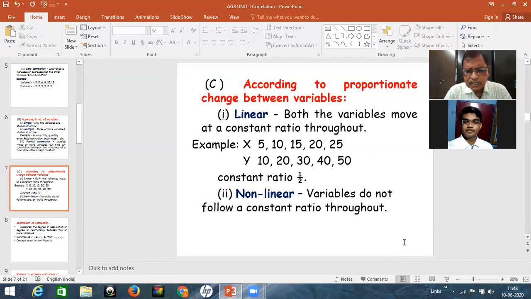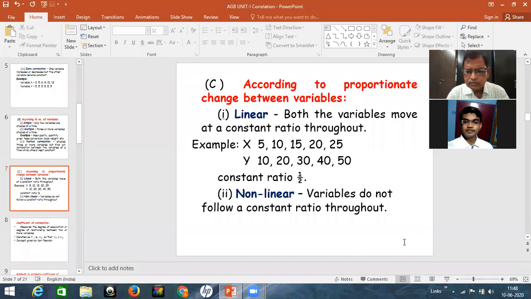Say, for example, I have given one example: if the magnitude of x varies from 5, 10, 15, 20 and 25, and the corresponding values for the y variable are 10, 20, 30, 40 and 50, then we will find that there is a constant ratio, that is half. 5 है तो 10 है, 10 है तो 20, 15 है तो 30, 20 है तो 40, 25 है तो 50.